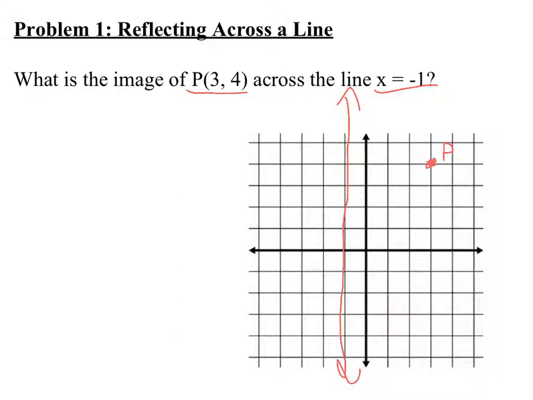So if I go from P, I go left 1, 2, 3, 4. So to get P prime, I keep going 4 more to the left. 1, 2, 3, 4. And there's P prime. And that happens to be at the point negative 5, 4.